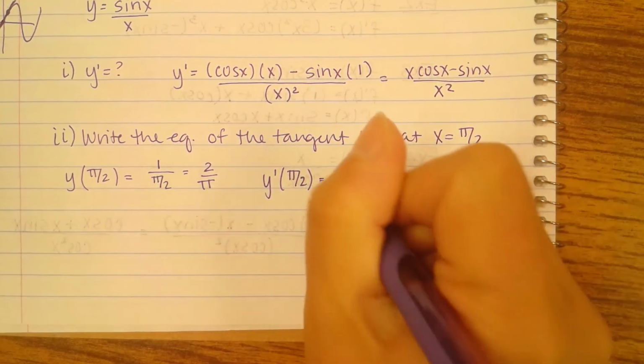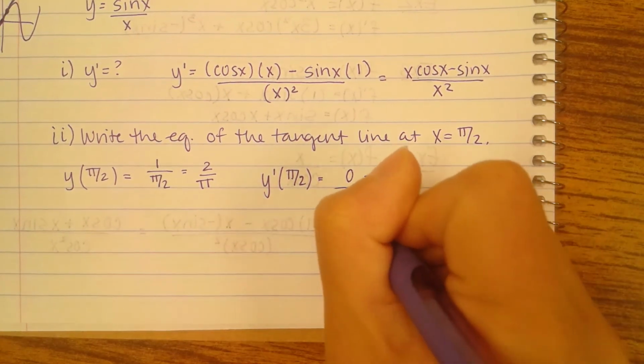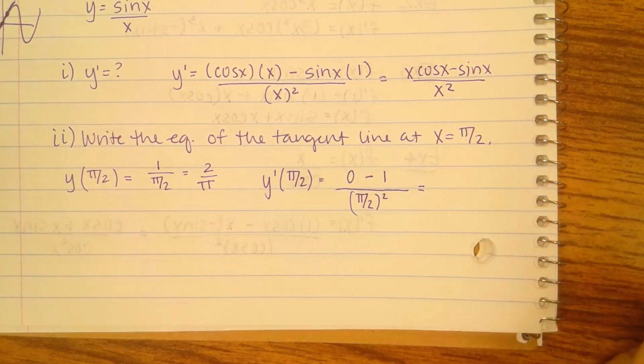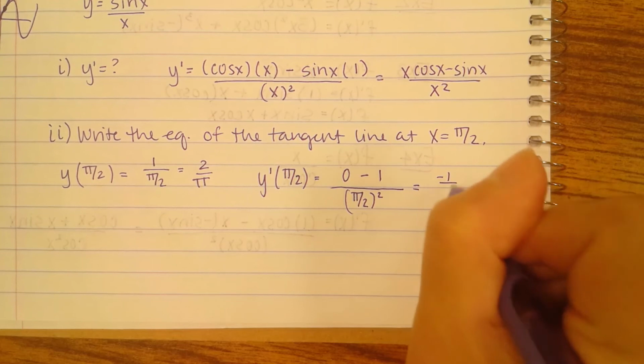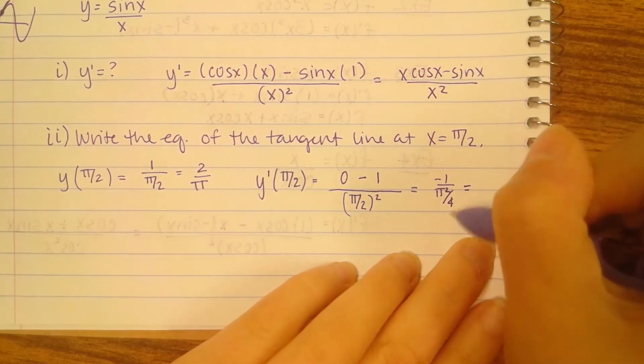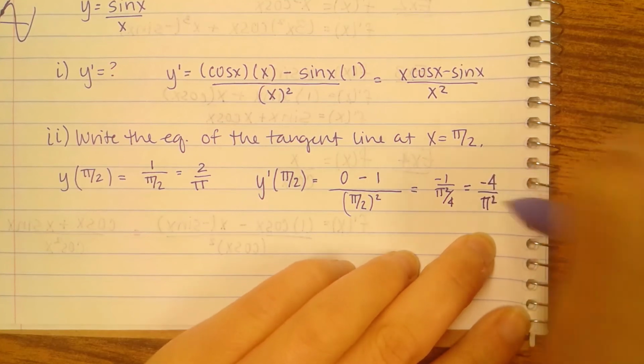Well, cosine of pi over 2 is just 0, so that'll end up being 0 for my first term, minus 1 all over pi over 2 quantity squared. So I get negative 1 over pi squared over 4. To make that easier, I'm going to multiply by the reciprocal. I should get negative 4 over pi squared.